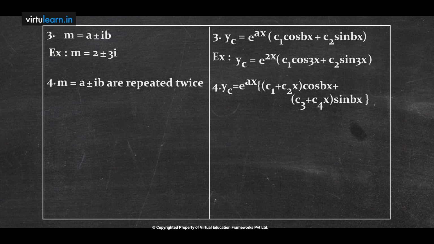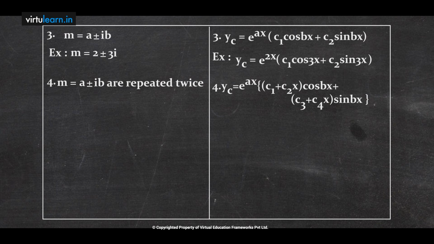Suppose it is repeating 3 times, then you write c1 plus c2x plus c3x square, like that. Now this is the formula. Once again, m equal to a plus or minus ib, repeating again. The formula is yc equals e power ax into c1 plus c2x into cos bx plus c3 plus c4x into sin bx.